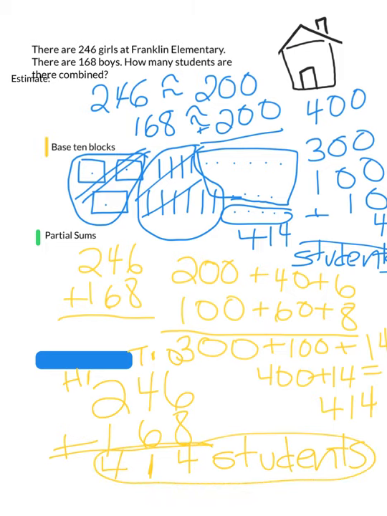So here's 414, and here was our estimate. It was 400. And so those two are close together. And many times, if you add incorrectly, your estimate will not be close to your exact answer. In this case, we did add correctly, and 414 is very close, actually only 14 away from 400.